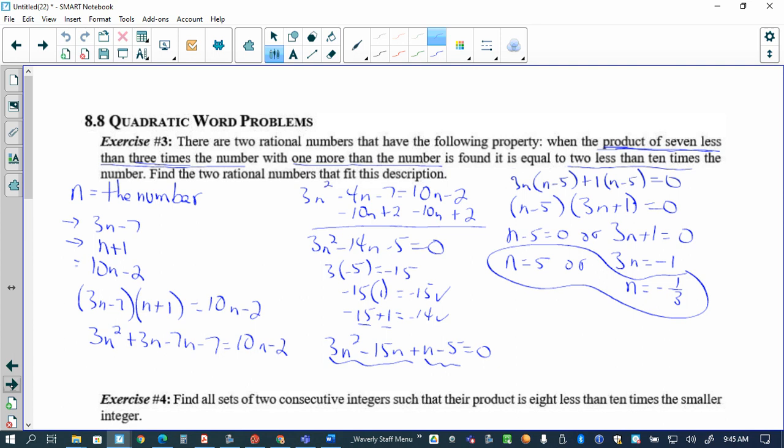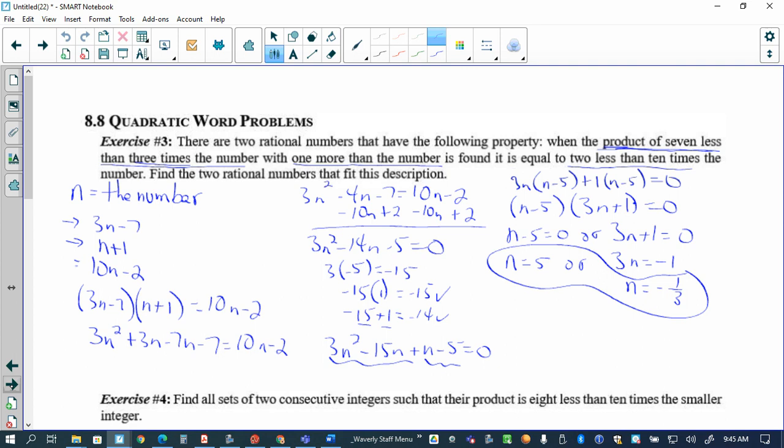You don't know, right? Why not use n for number, right? Use x if you wanted to, right? Well, if n is the first number, what's the next consecutive number? N plus 1. If there was a third consecutive number, what would it be? N plus 2. Okay?